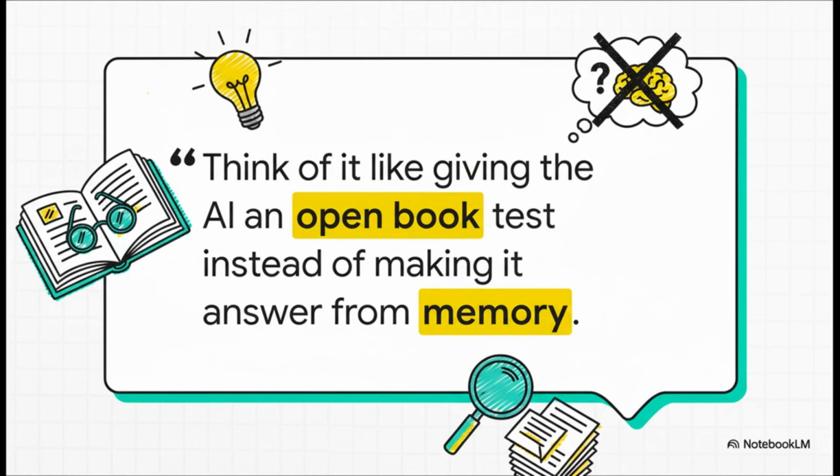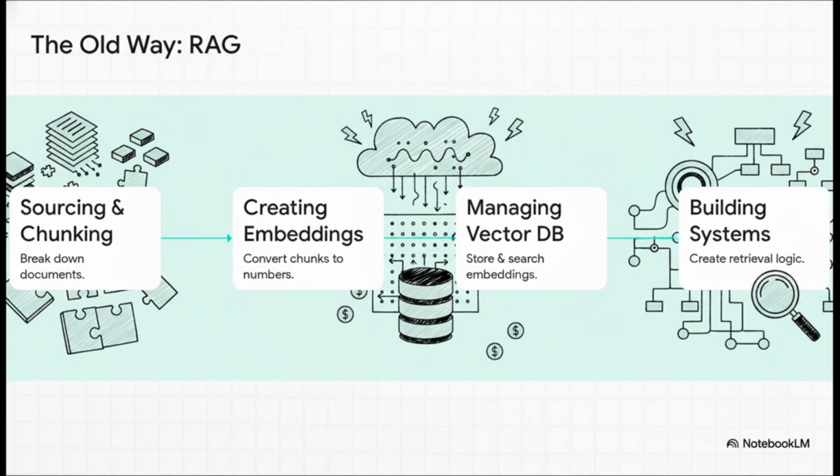Well, not so fast. Okay, this is where that beautiful simplicity just falls apart. Building a RAG pipeline from scratch is a serious project. First, you've got to source all your documents and break them down into these perfectly sized little chunks. Then you have to create embeddings, which are basically numerical versions of those chunks. After that, you need to set up, manage, and pay for a specialized vector database.